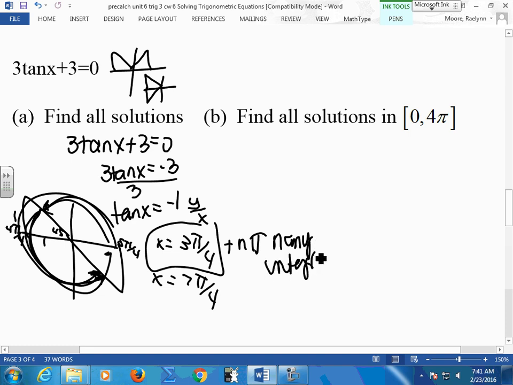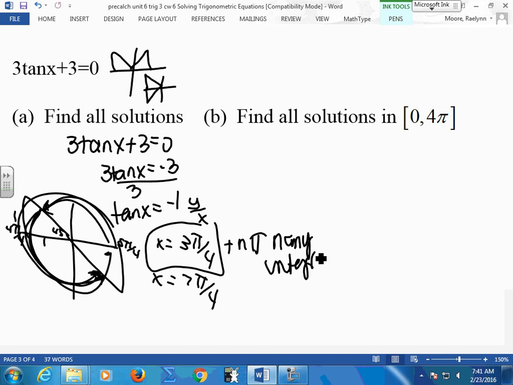Because you get to all these angles eventually, but if you just add n pi, it'll say 4 pi over 4, 7 pi over 4, and then it'll keep on going here and here, and we'll do that in a second when we do your all solutions. But it'll go 180, 180, 180. It'll keep going by your 180s.